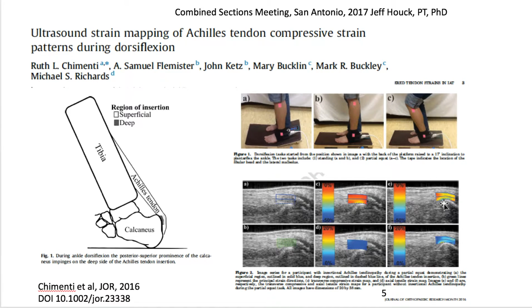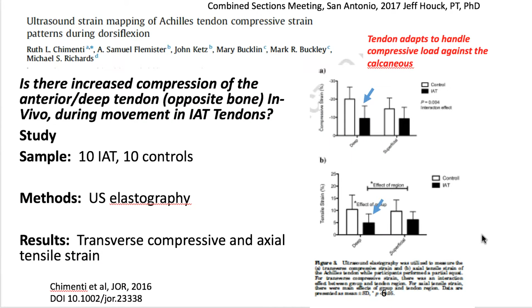And here we see the calcaneus shadow, so we're recording directly from the region of the tendon that's involved in IAT. Two types of strain were recorded.